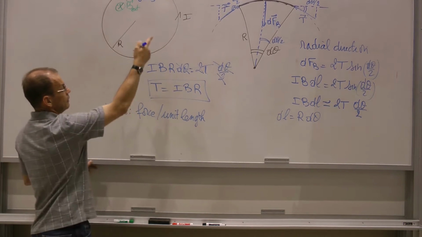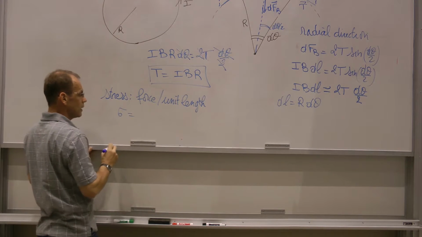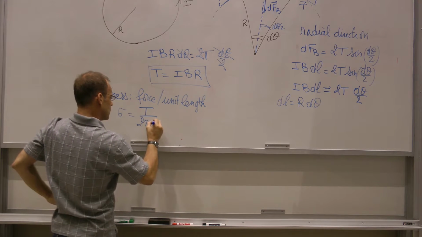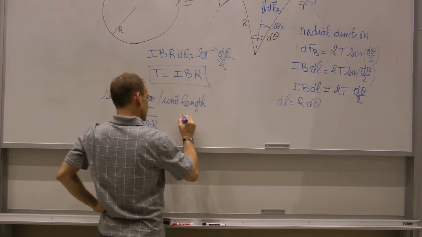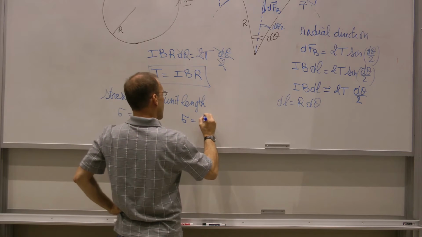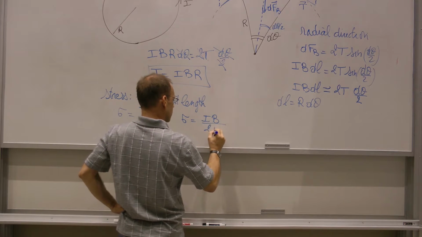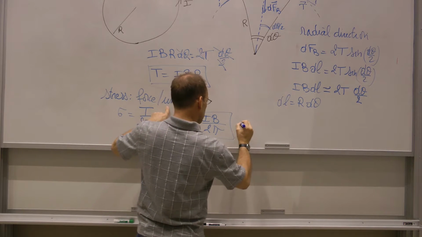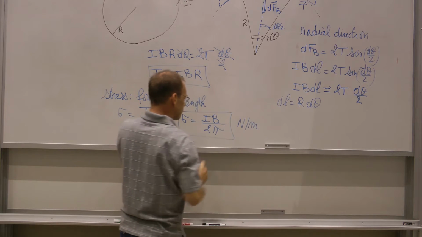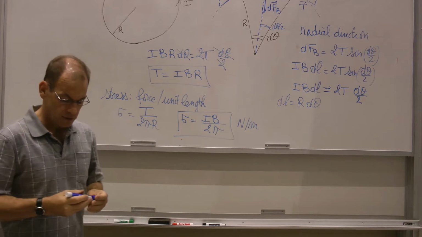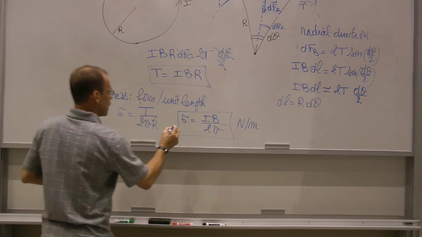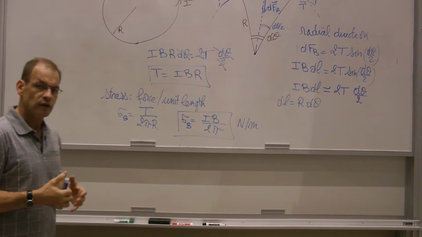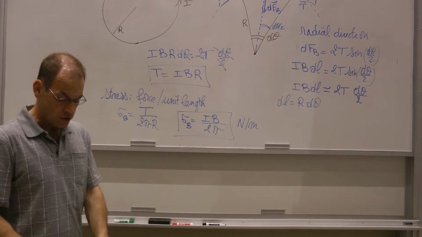Then you would divide T by the length of the loop, which is of course 2 pi r, and you find that the stress sigma is equal to IB divided by 2 pi. That would be an expression in Newton per meter. That would be the amount of magnetic stress that this loop would be subjected to, which is of course a mechanical stress applied to the structure of the loop.